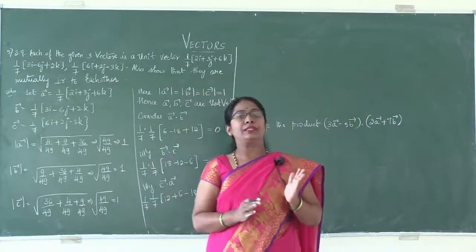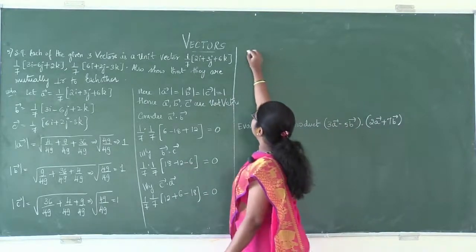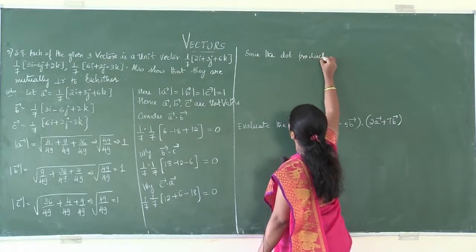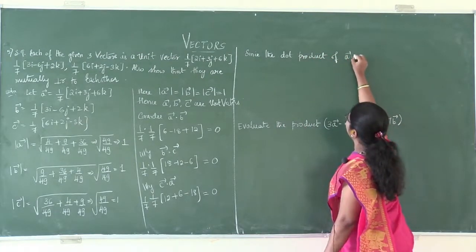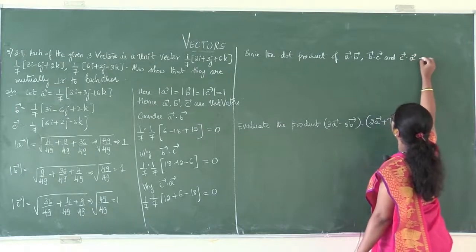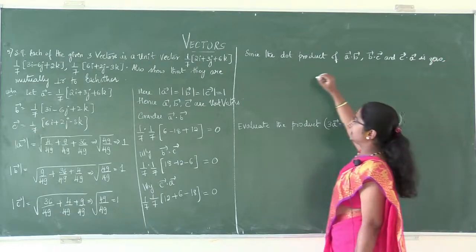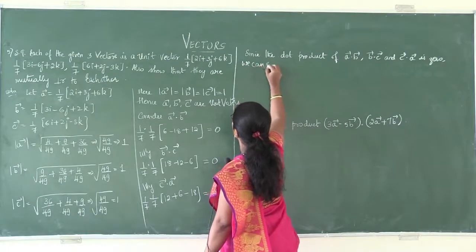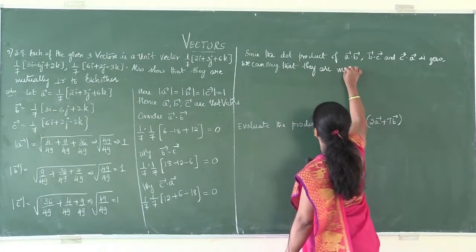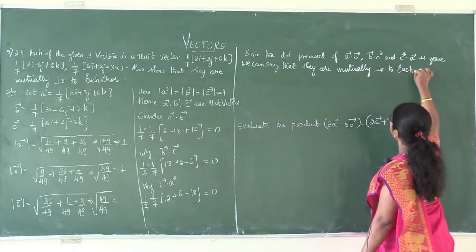Since the dot product of the vectors is 0, we can say that they are mutually perpendicular to each other.